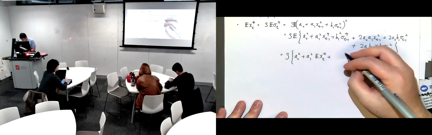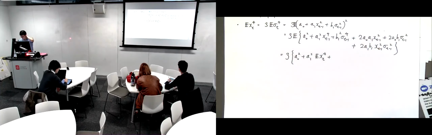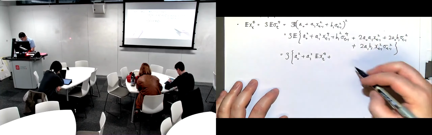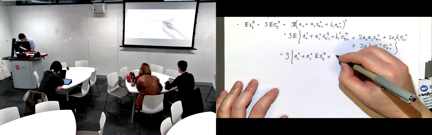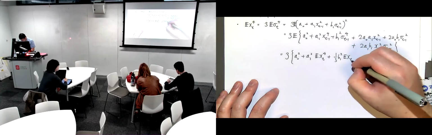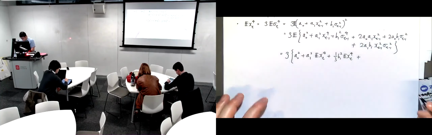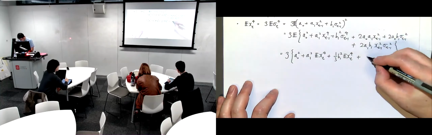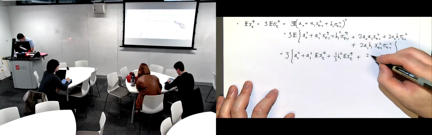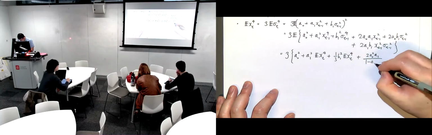So plus B1 squared, expectation of sigma t to the power 4. And sigma t to the power 4 is 1/3 Xt to the power 4. And then plus 2 A naught A1, well this is 2 A naught squared A1 divided by 1 minus A1 minus B1, right?